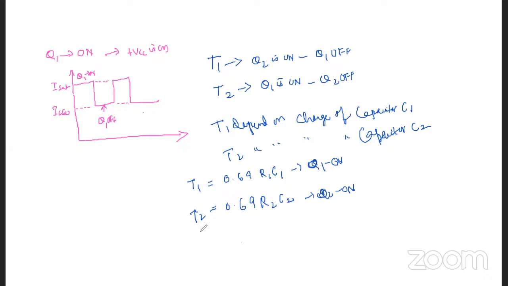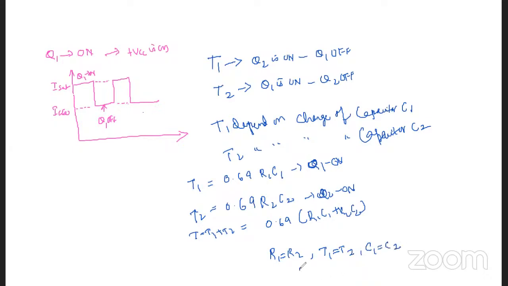So the total time period now becomes T equals T1 plus T2, which will be equal to 0.69 (R1 C1 plus R2 C2). For a symmetrical astable multivibrator, R1 equals R2, T1 equals T2, and similarly C1 equals C2.